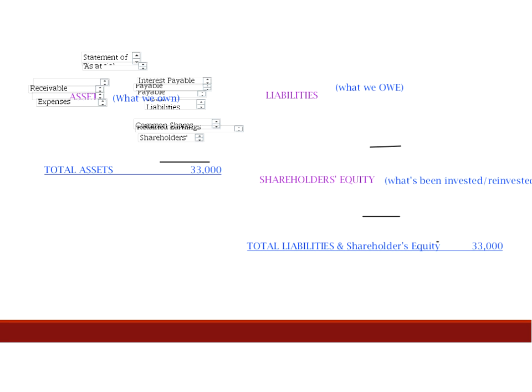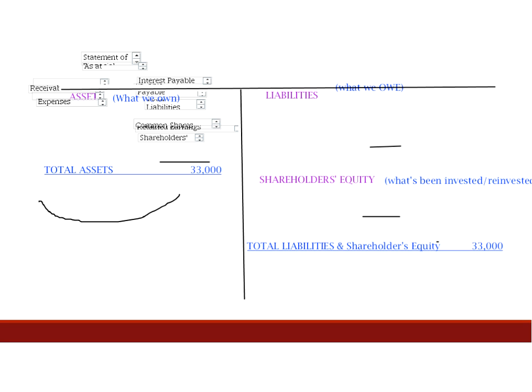Okay. And you'll note here, and we'll discuss this in a later chapter, but what we're looking at here is if we looked at this as sort of a scale, so if we balanced out this scale, the other name for this statement is called a balance sheet.